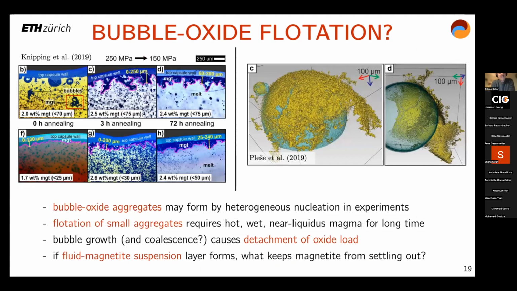And so there's been some experiments just recently published in 2019, which show that yes, in some circumstances, this actually works. And the process by which it does work is heterogeneous nucleation.